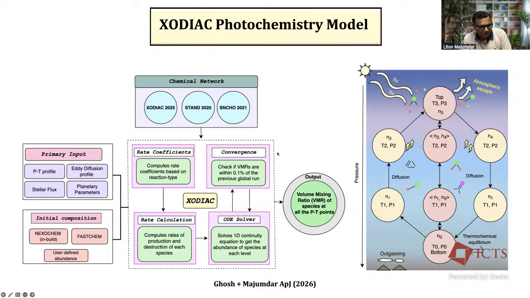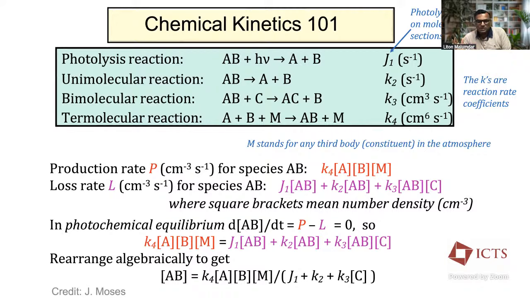In order to do that, in the community, we adopt different chemical networks. So these chemical networks are essentially a large set of chemical processes that is included in one place. And these can largely be summarized into 4 different processes: photolysis processes, unimolecular reactions, bimolecular reactions, and termolecular reactions.